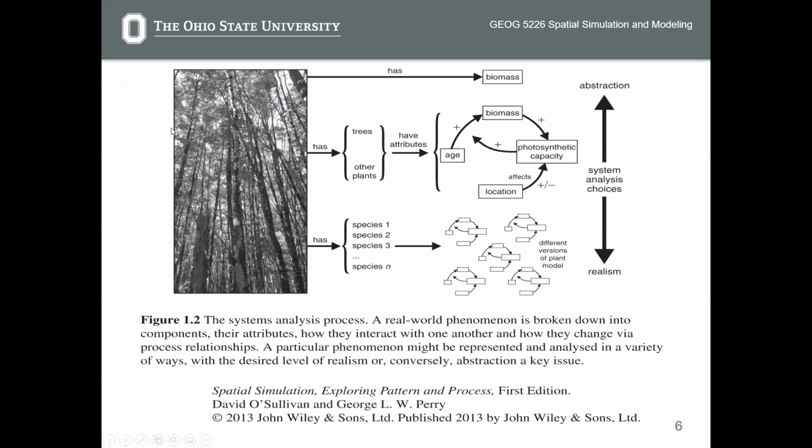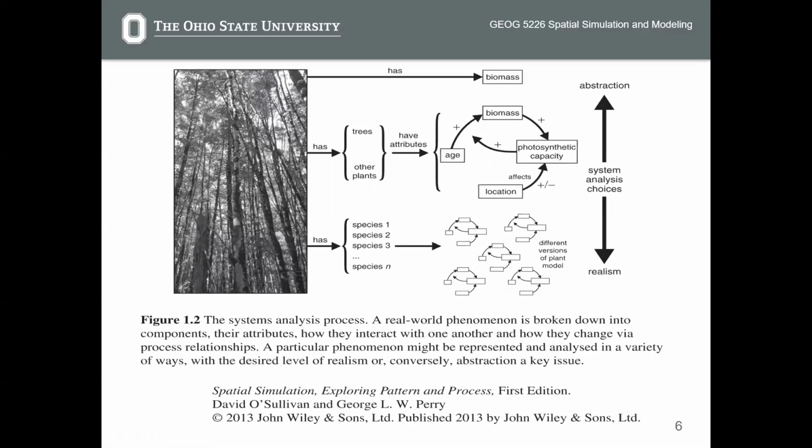Here is another example. You can see here on the left side we have the real world system, which is a forest system, right? And you can create different conceptual models for it depending on the specific demand.